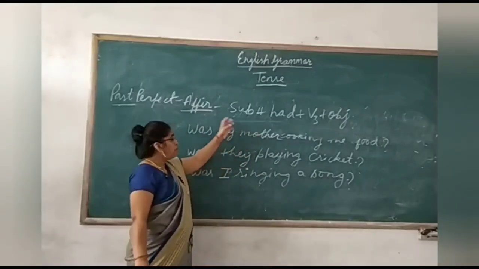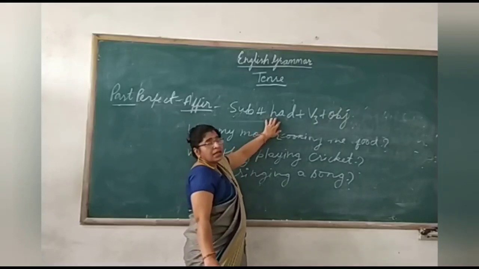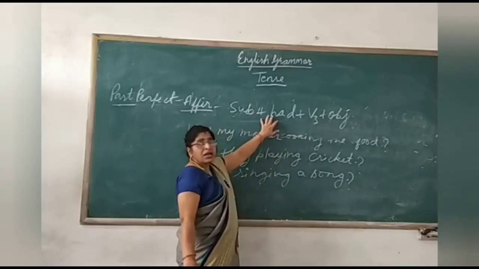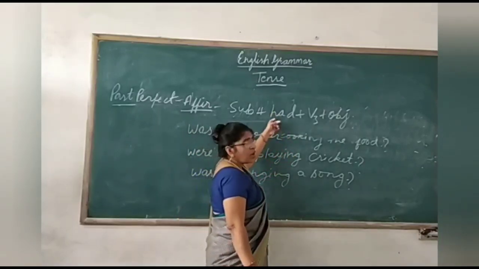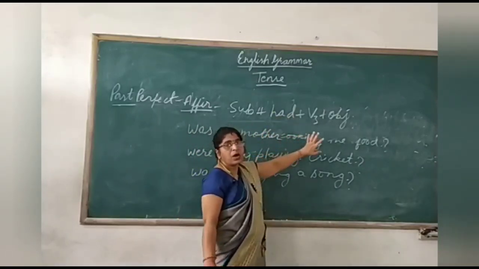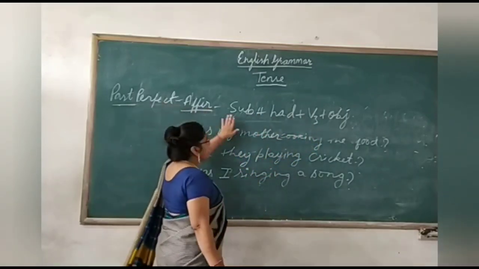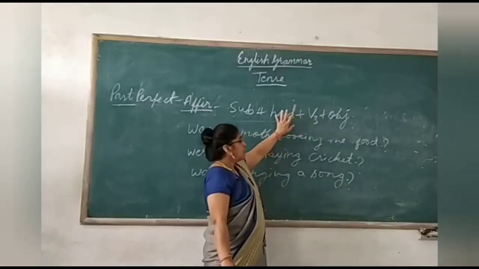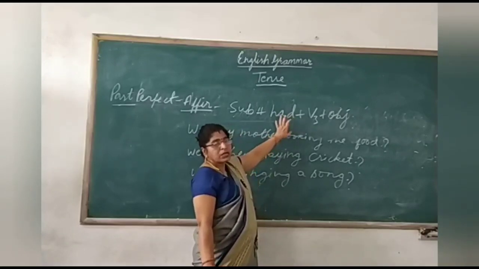In the present perfect, after subject we had two verbs, one was have and the other was has. But in the case of past perfect tense, we have only one verb. This particular had is also known as auxiliary verb.